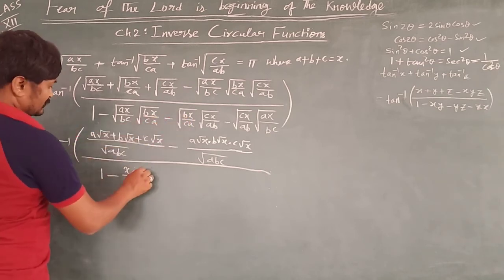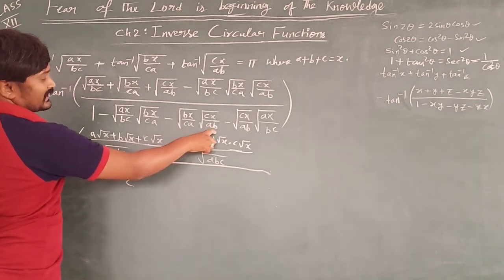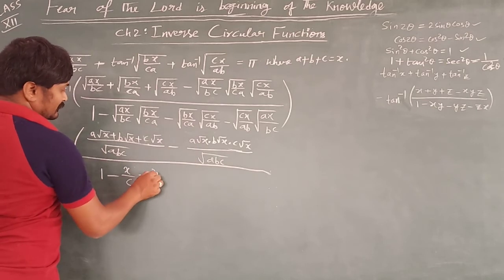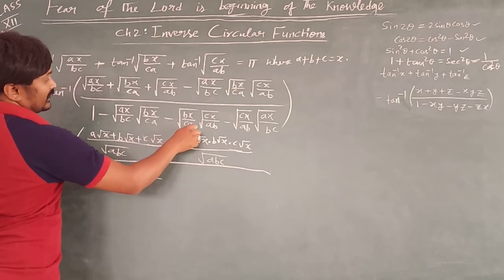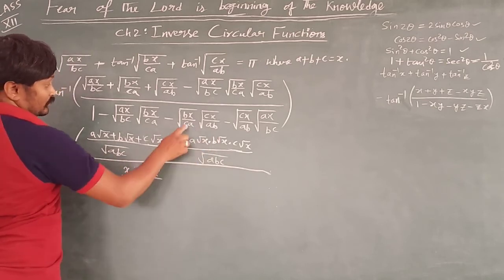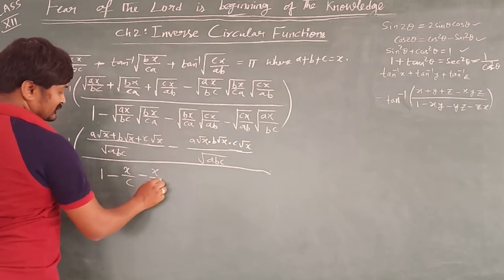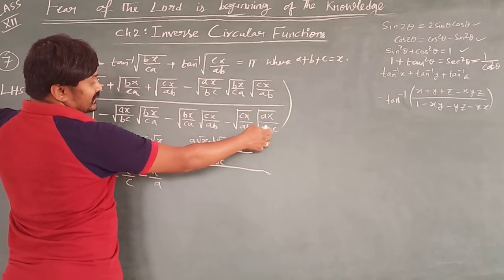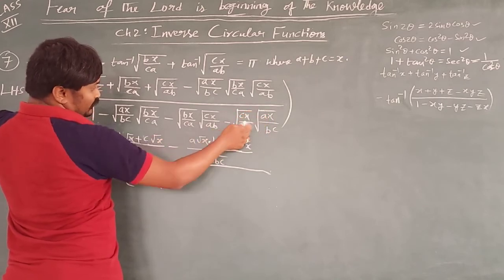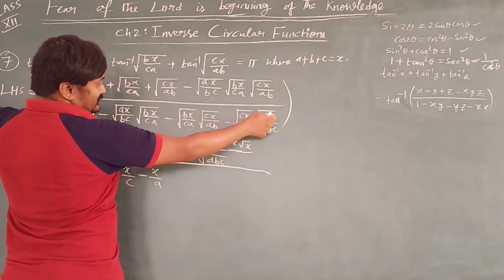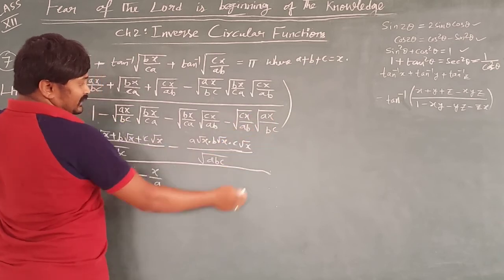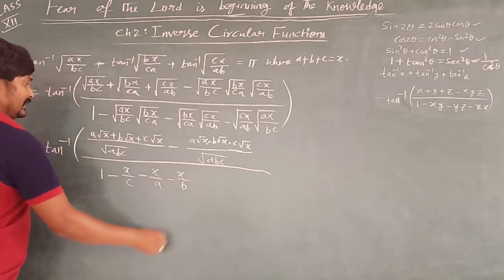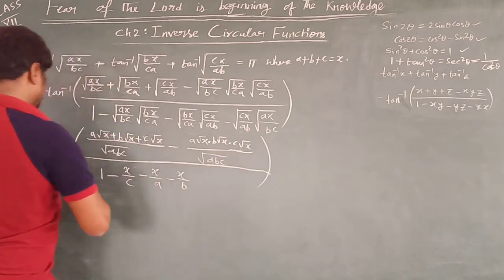Same method here also: minus root b cancel, root c cancel, root x into root x is nothing but x upon root a into root a, which is a. Then here also root c cancel, root a cancel, root x into root x, root b into root b is b. So now minus x upon b. So this is about this.